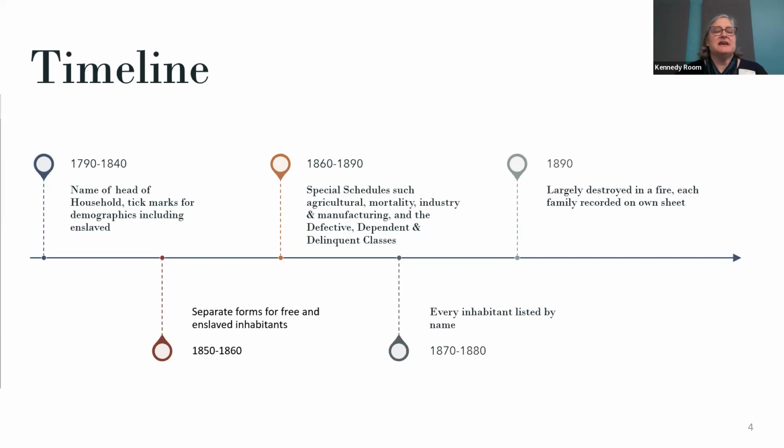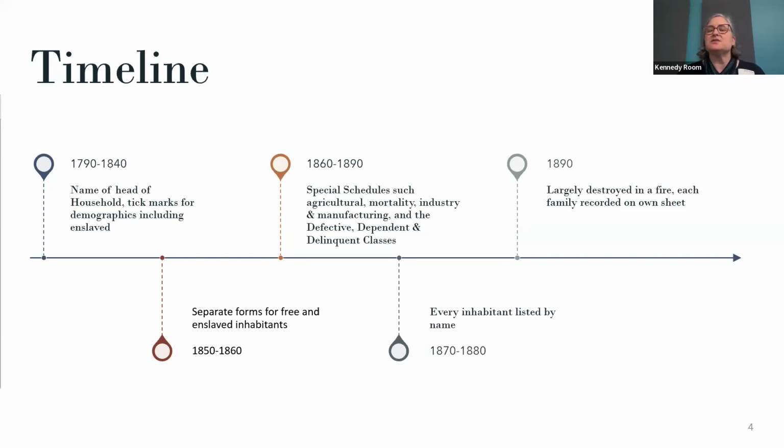But from 1790 to 1840, it is the name of the head of household and then tick marks in categories or demographics for everyone in the household, including enslaved, because of course enslaved counted as 3/5 of a person. In 1850 and 1860, there were separate forms for free inhabitants and enslaved inhabitants.